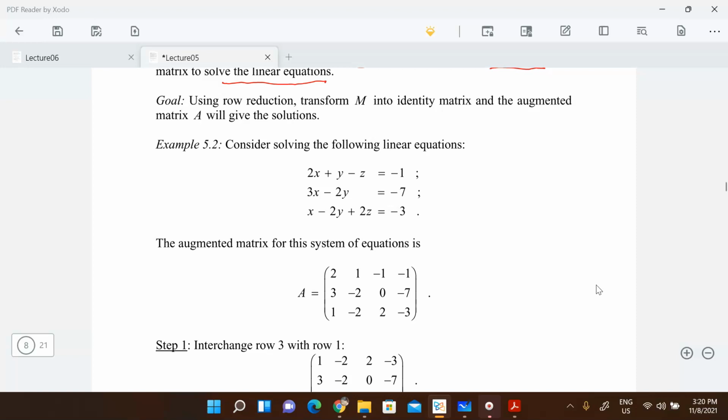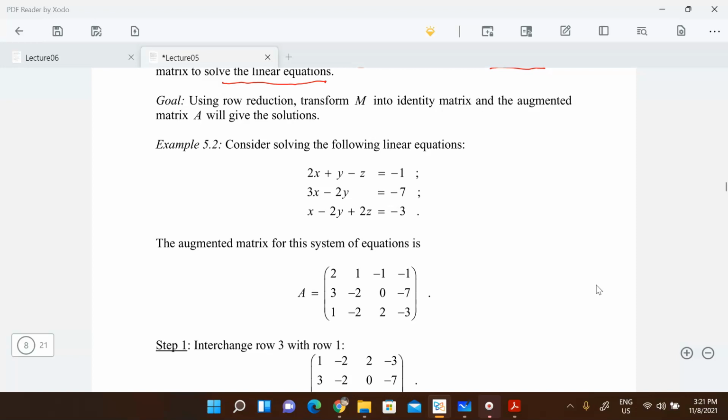The numbers that multiply y will come as the second column. The numbers that multiply z will take up the third column. And then the fourth column, which appends to this original matrix that multiplies x, y, z, is the right hand side numbers.